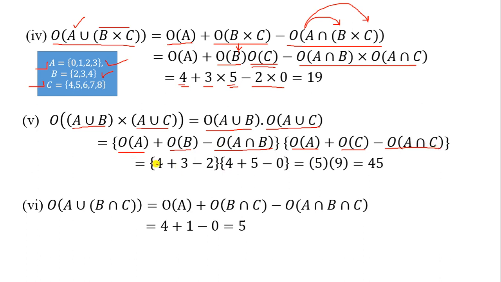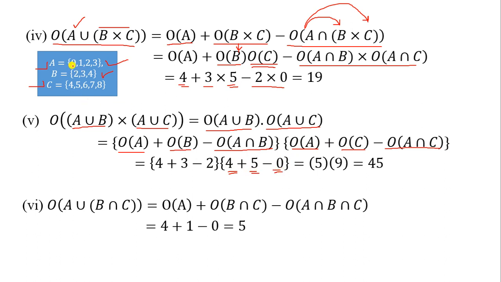So we have 4 elements in A, 3 elements in B, and 2 elements in the intersection of A and B. Similarly, 4 elements are there in A, 5 elements are there in C, and there is no common element in A and C. Look at this.